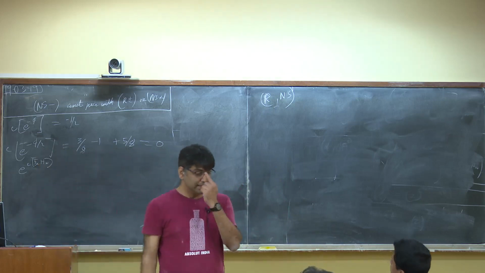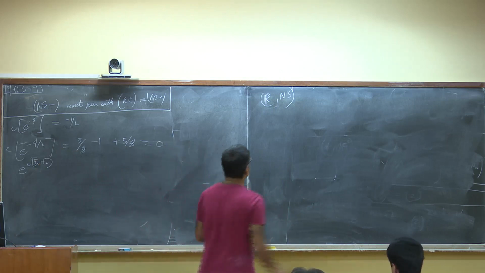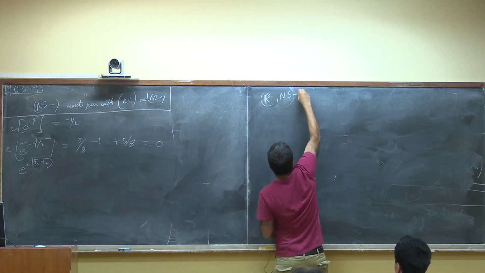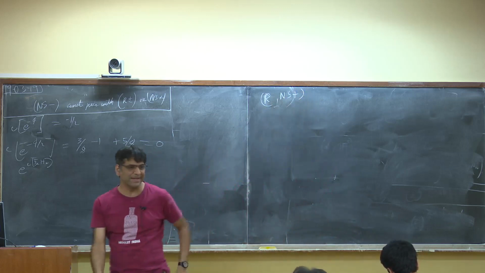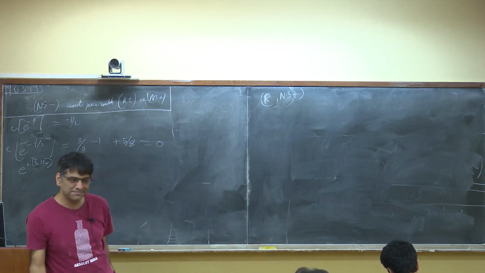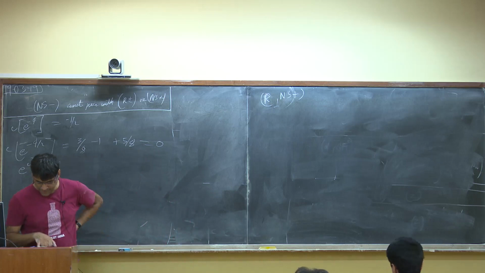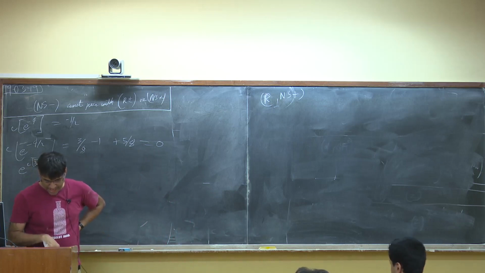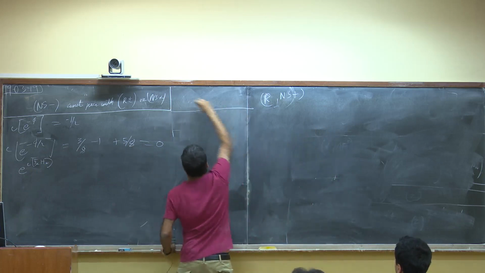Now, since this sector exists and level matching works, this sector has to be NS plus, because if it was NS minus, it couldn't pair with anything except NS minus. So we have two options under this assumption.